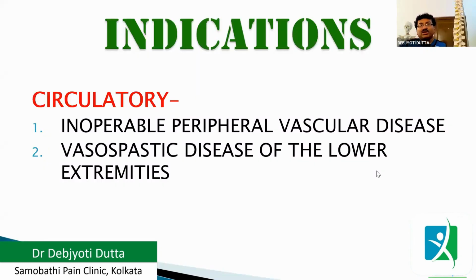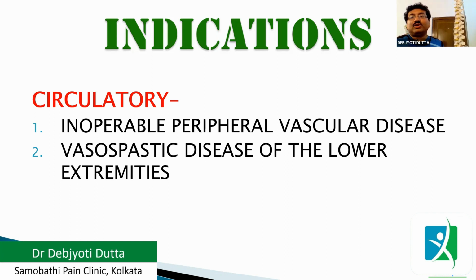Now let us tell you the indications. First of all, sympathetic blocks are commonly done for two indications that you need to remember. One is vascular conditions. We all know sympathetic causes vasoconstriction. So any disease which is the result of vasoconstriction, blocking the sympathetic will help in vasodilatation, for example peripheral vascular disease.